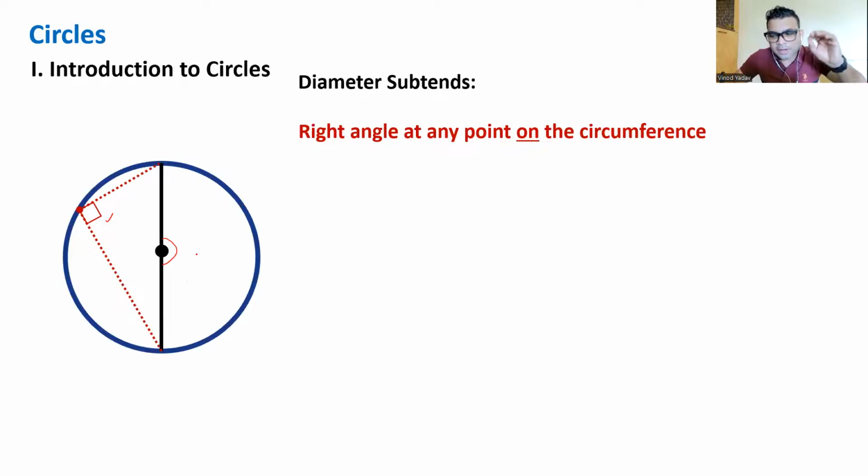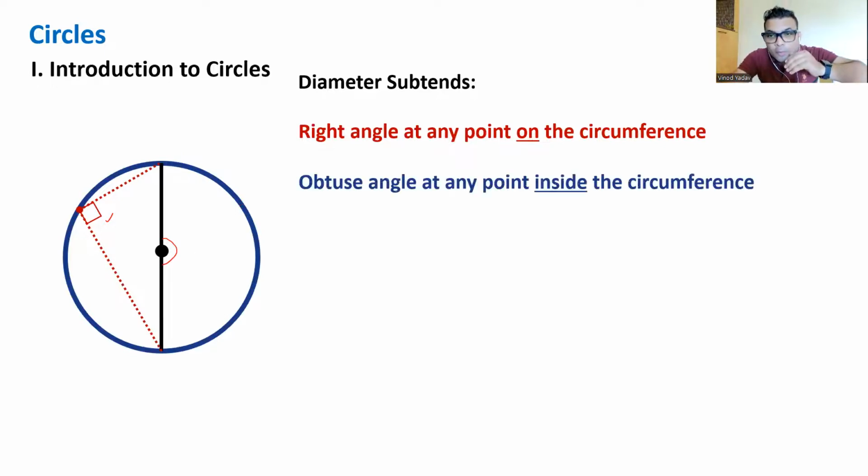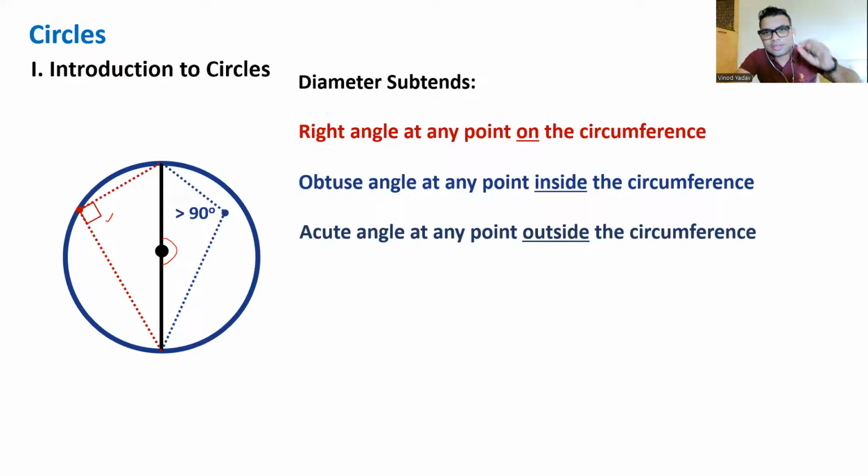Now keeping this as a reference, we can also say if the point is inside the circle, the angle subtended will be more, because the point is closer to the diameter. So this angle is more than 90. So this is an obtuse angle. Similarly, friends, if the point is outside the circle, then the point is away from the diameter.